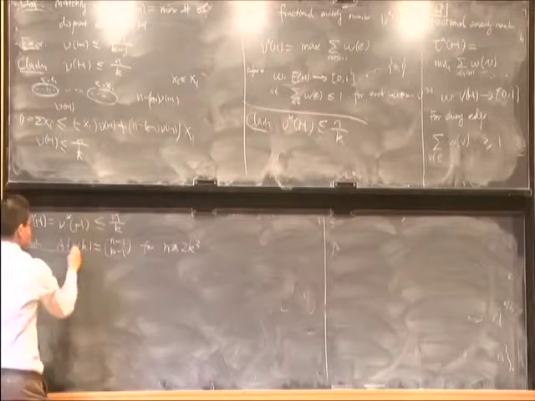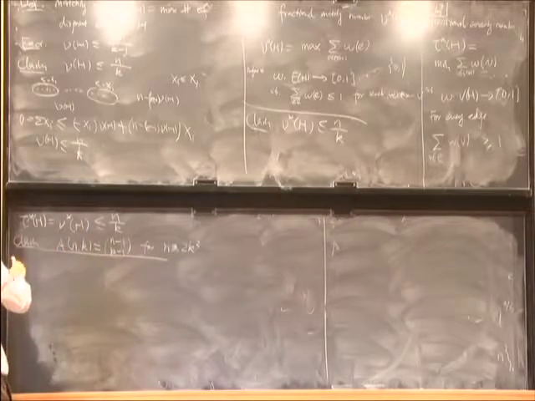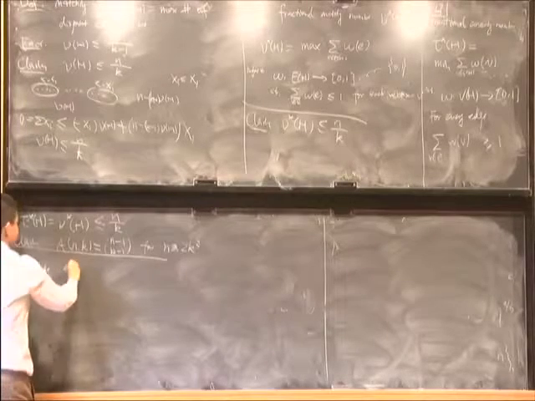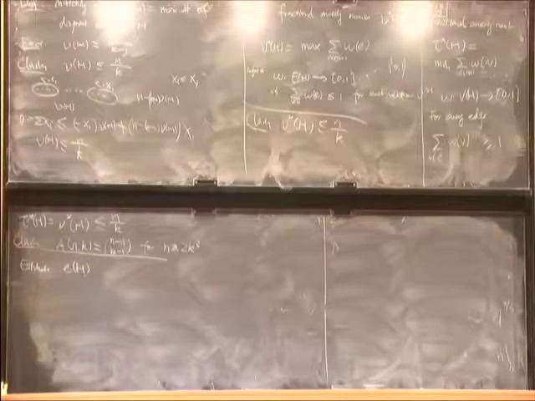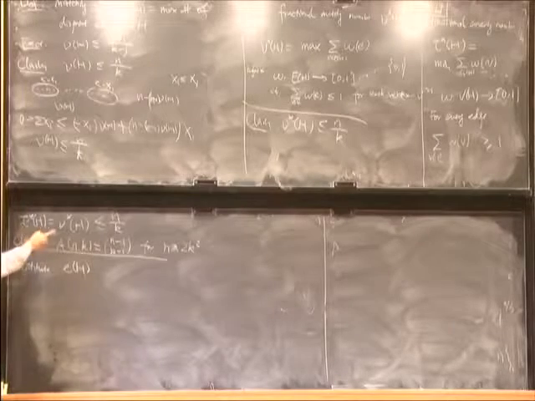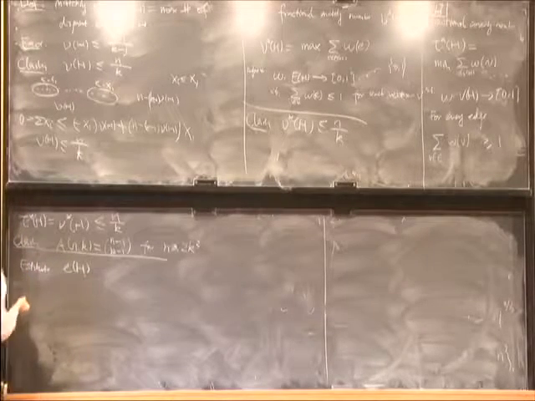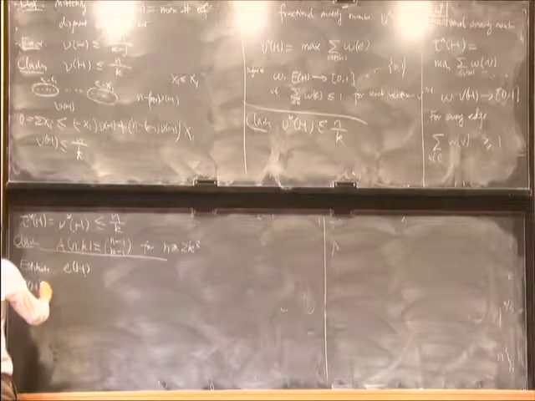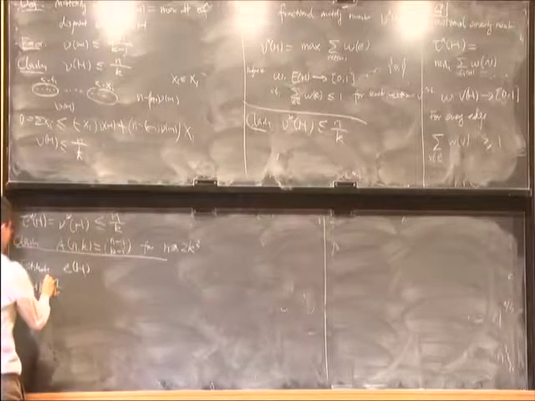So first of all, as I said before, I want to estimate the number of edges in this hypergraph H. Now we know the fractional covering number is at most n over k. So what does it mean? The fractional matching number is at most n over k.